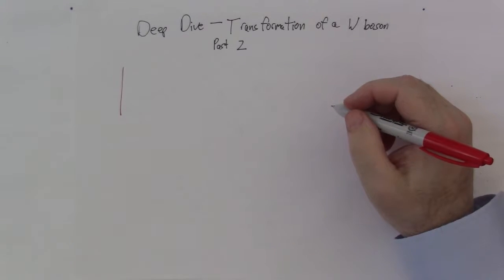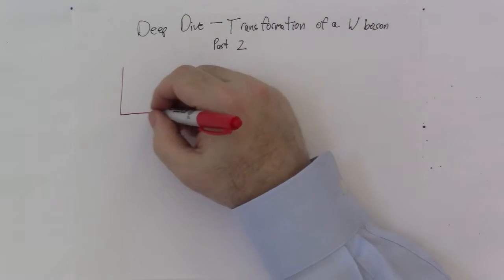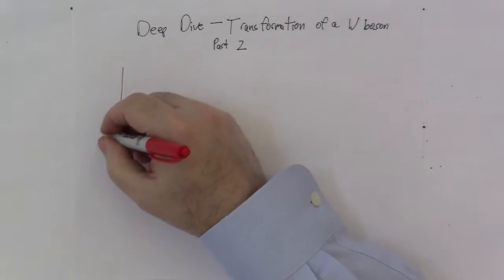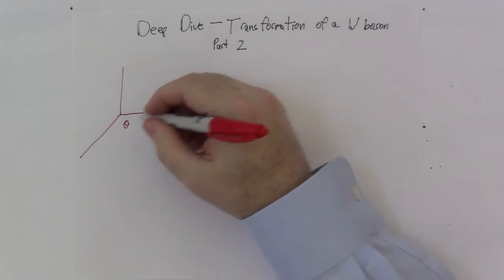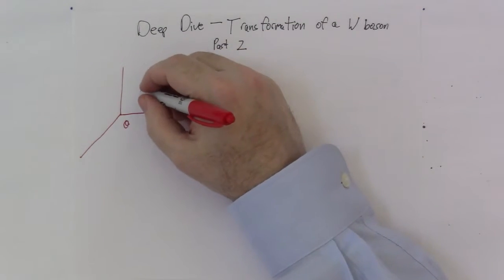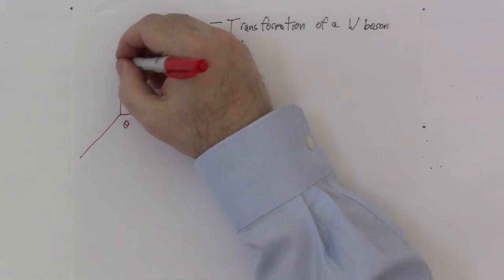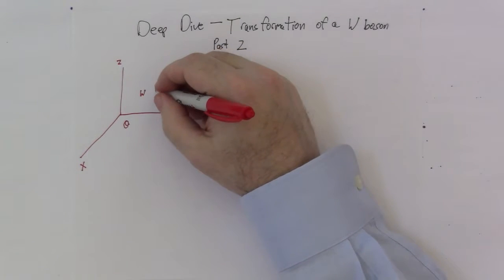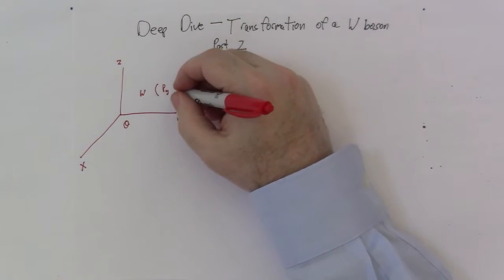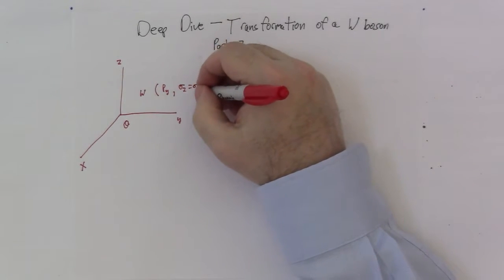This is part 2. Just to review what we did in the last part where we set up the problem, we have an observer's reference frame, O, and in this reference frame we have a W particle moving in the Y direction with momentum Py. So it has Py, and it has a sigma z component, which we'll call sigma.